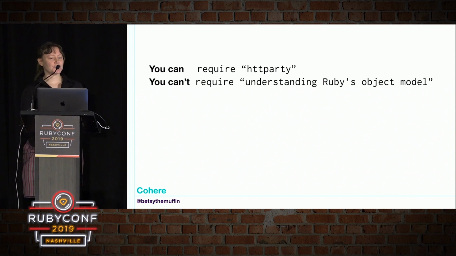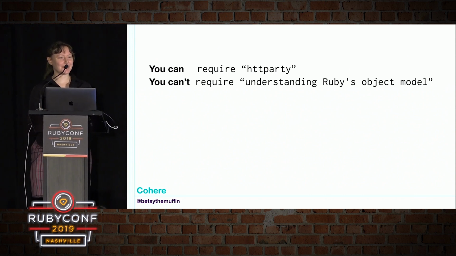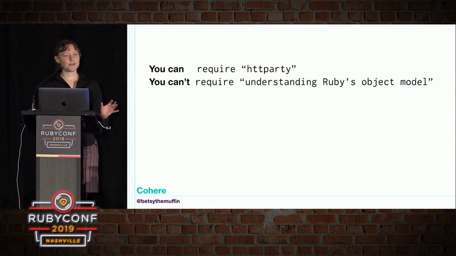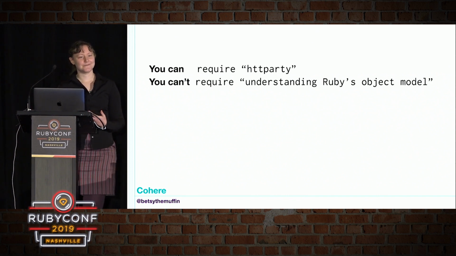The goal with using most gems is to shield you from needing to know stuff, and honestly, I love that. But if you're shielding yourself from needing to know stuff, it's pretty hard to learn that stuff at the same time. You can't just type require and suddenly understand Ruby's object model better.